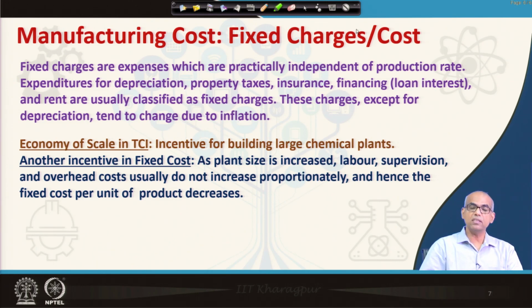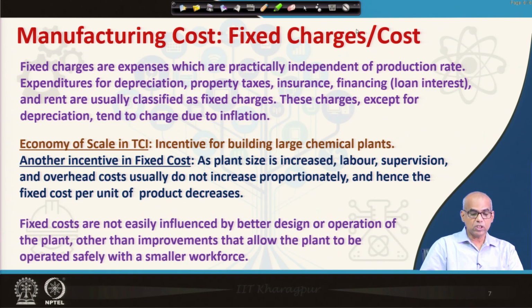So, this is another incentive for building chemical plants with large size. Fixed costs are not easily influenced by better design or operation of the plant, other than improvements that allow the plant to be operated safely with a smaller workforce.